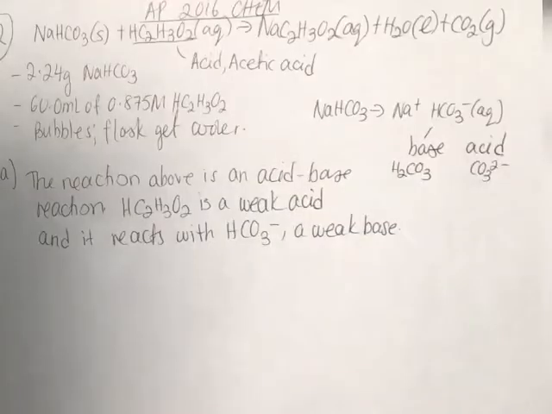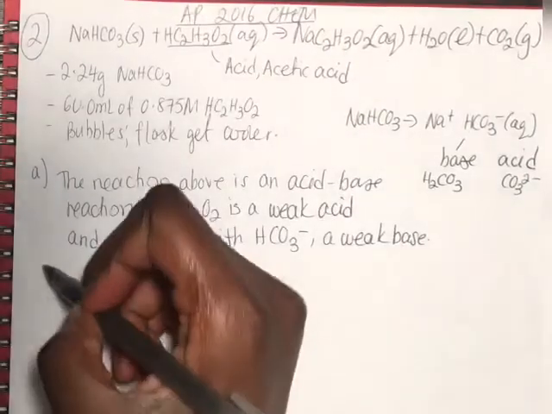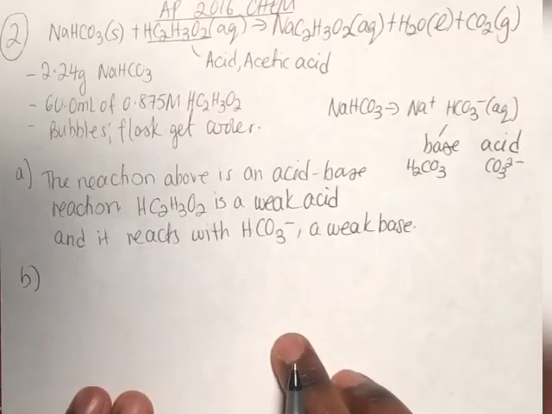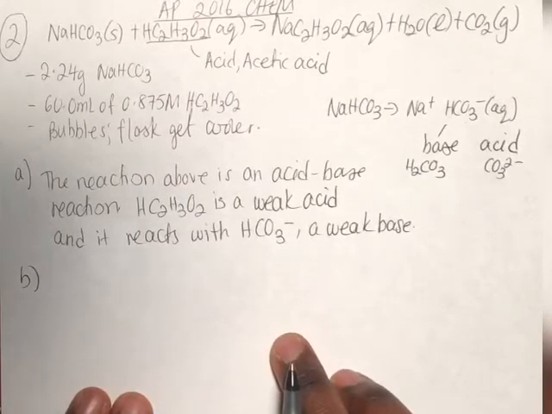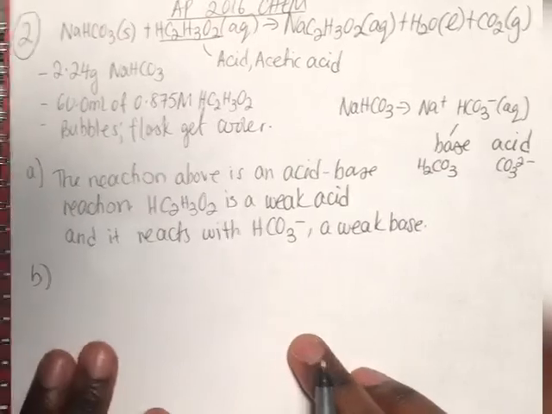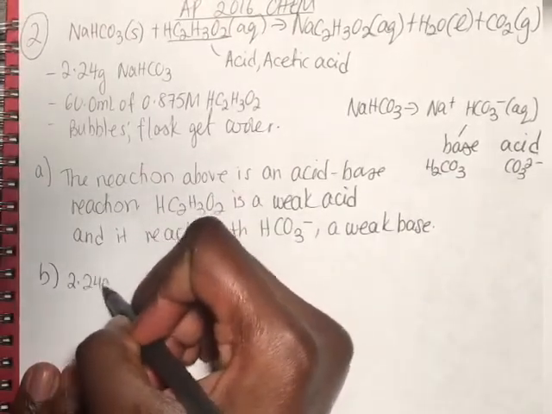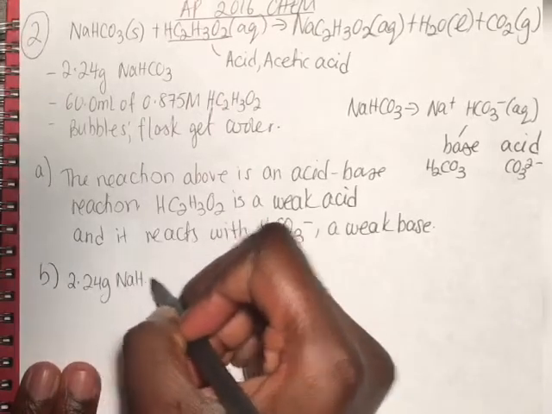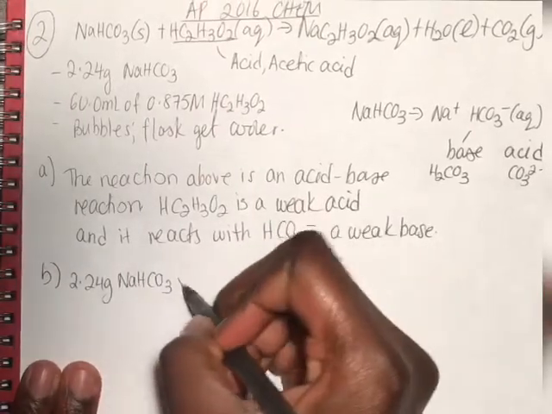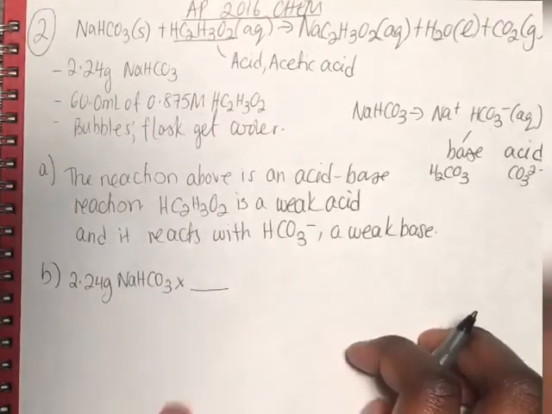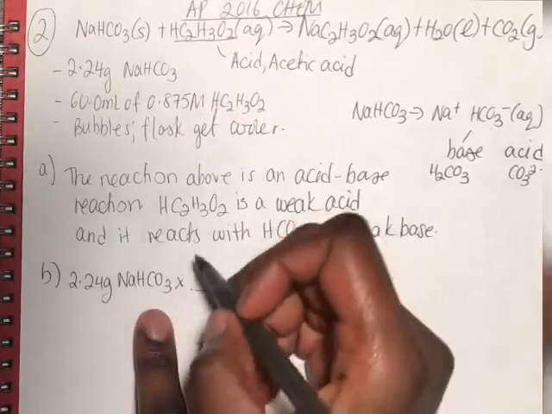Part B. Based on the information above, identify the limiting reactant. Justify your answer with calculations. So we're given the grams of NaHCO3. So we can use conversions to find how many moles of it there are.